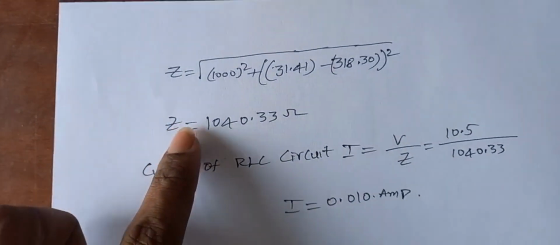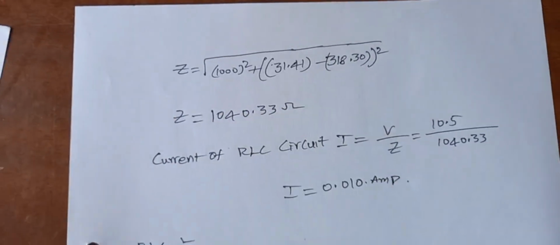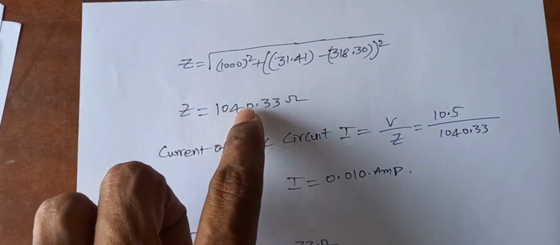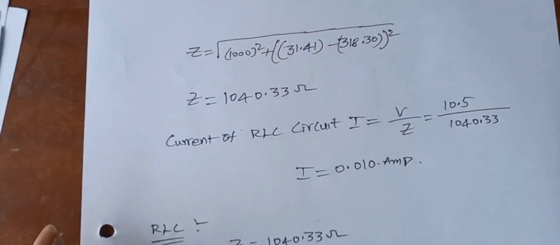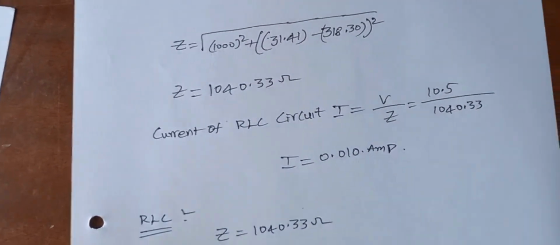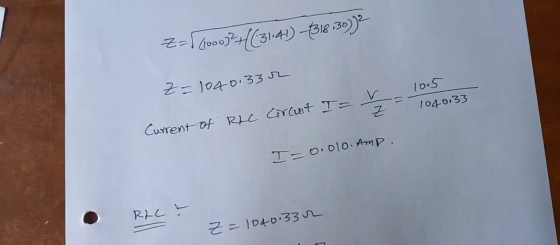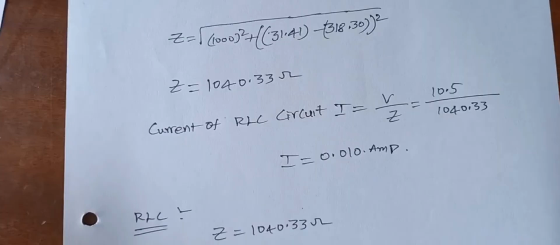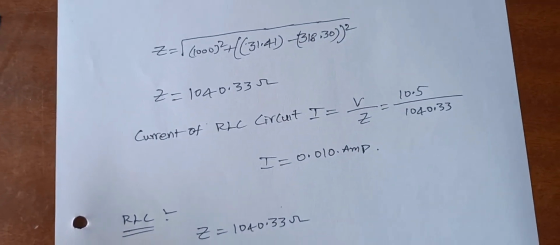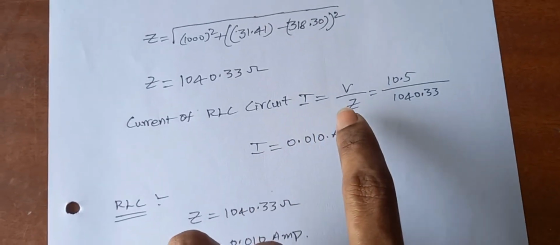We got the impedance value Z equal to 1040.33. In all the cases you observe the impedance value is 1040 or 1039 like that, so it varies only a little bit, but it's more than 1000. Here also the current is the same in all the circuits. The impedance may vary in RL, RC and RLC, but in most cases we got approximately the same current.